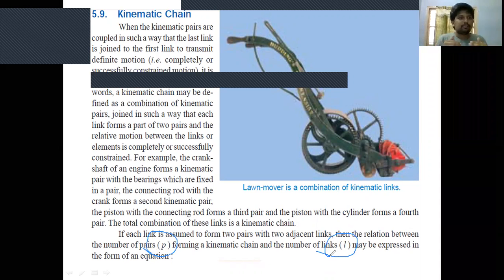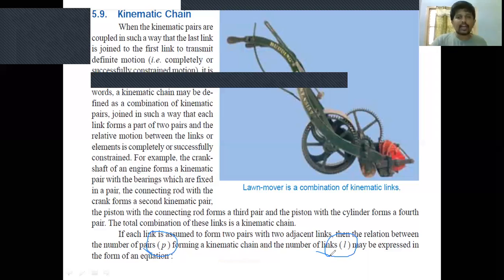A kinematic link is one part of a machine, if it is moving relative to another part. If you have two links like this and they are connected to each other and they are having some relative motion, it is a pair. Now these pairs are coupled to each other to form a chain. Now the problem is we need to find whether this chain is having definite motion or not.